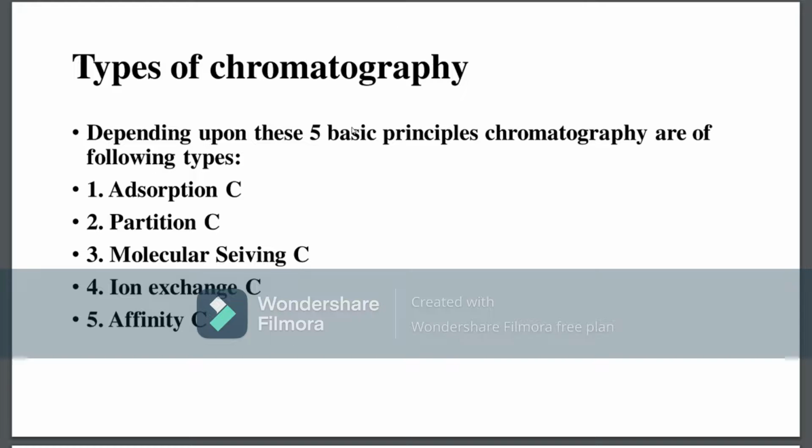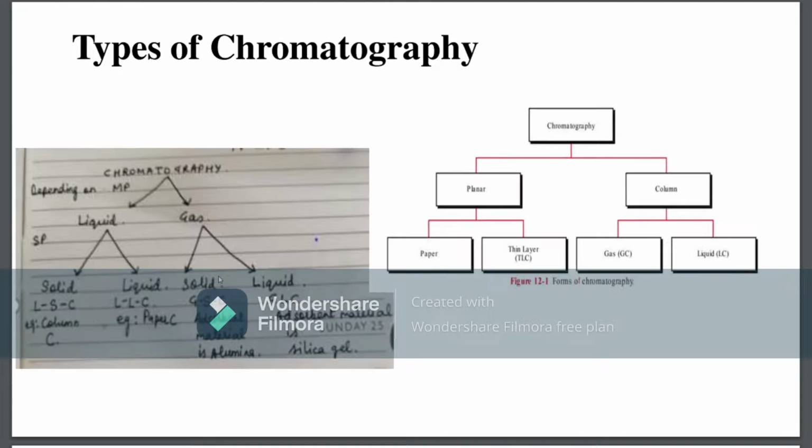On the basis of these 5 basic principles, we can name the respective chromatographies: adsorption chromatography, partition chromatography, molecular sieving chromatography, ion exchange chromatography and affinity chromatography. We can even ask you the principles of all these 5 basic mechanisms of physicochemical principles in chromatography.